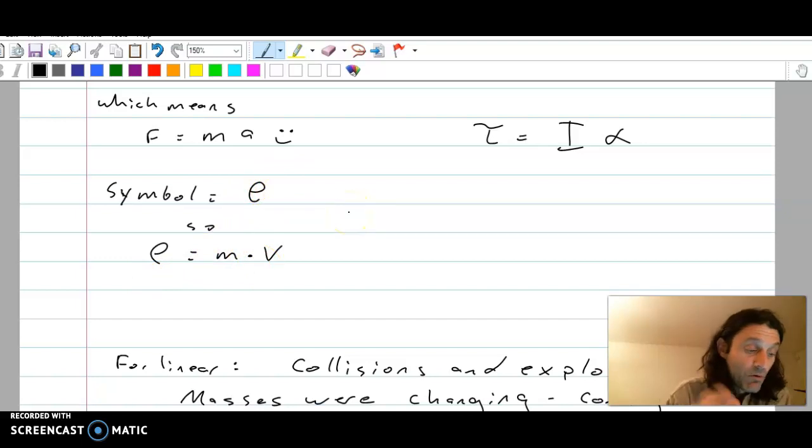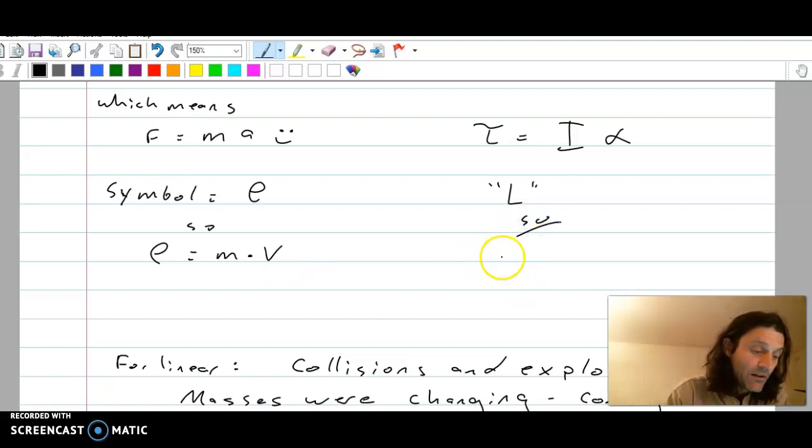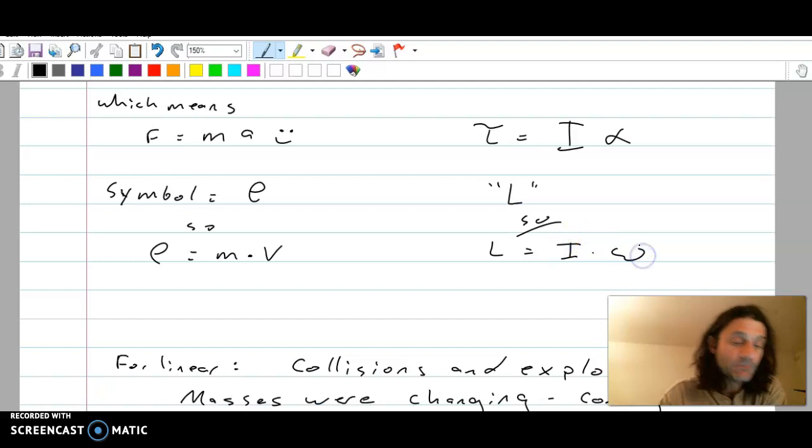The symbol for rotational momentum is funny, but it is a regular old capital L. So L is the symbol for angular momentum. Rotational angular momentum is simply known as L. L is going to be I times omega. That's rotational momentum, I omega.